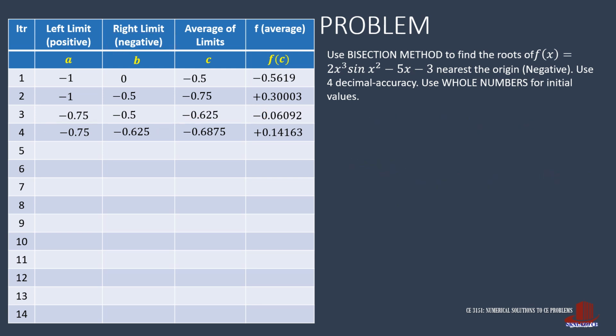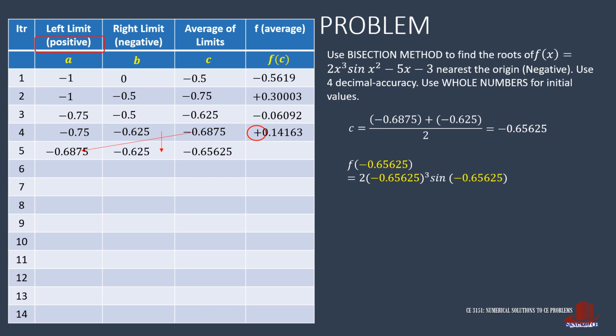The next iteration starts with c replacing a this time, because f of c is positive. b remains at -0.625. c is then computed as half of -0.6875 and -0.625, which is -0.65625.